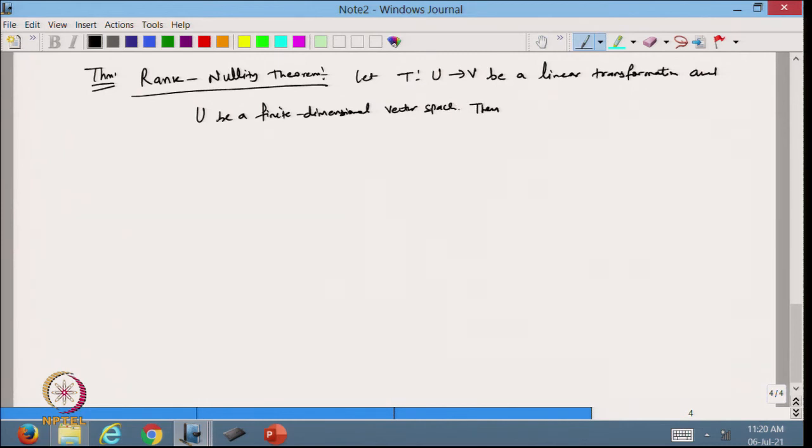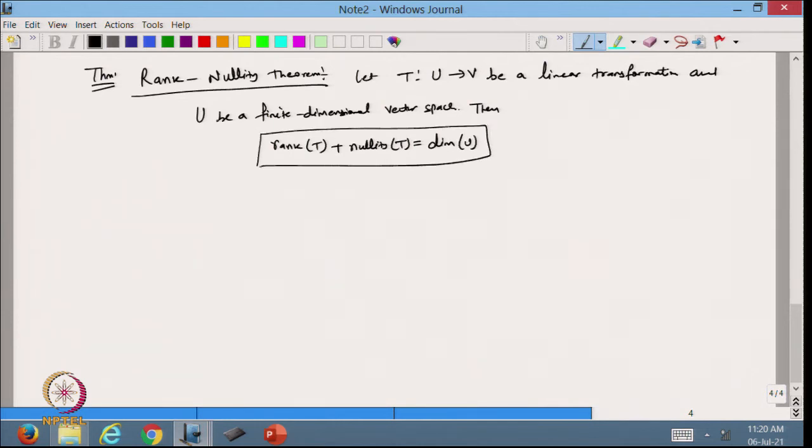Then rank of T plus nullity of T is equal to the dimension of U. So, this is called the Rank-nullity theorem. You can check from here that although the range space is a subspace of V, the rank plus nullity satisfy this condition. So, this is a very important theorem.